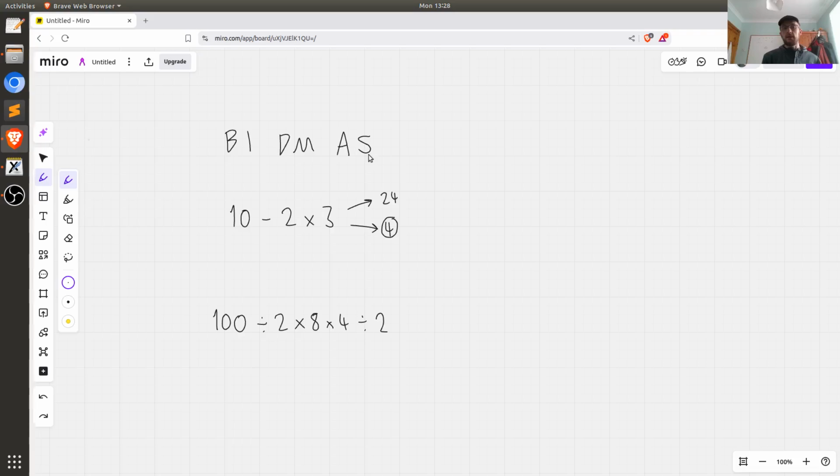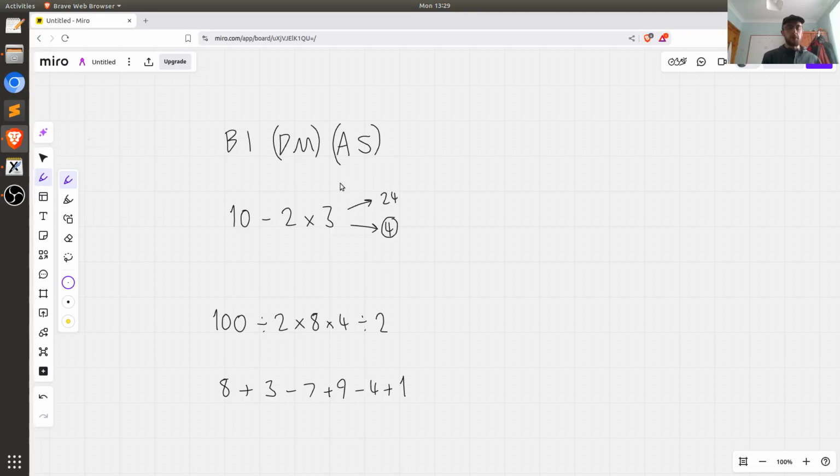And A and S, addition and subtraction, are together because if you have a piece of arithmetic which is just adding and subtracting numbers, like follows: 8 add 3 take 7 add 9 take 4 add 1, then you would just proceed from left to right as well. So really, try to remember BIDMAS kind of like this.